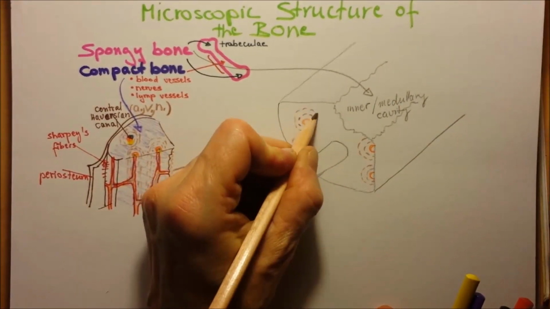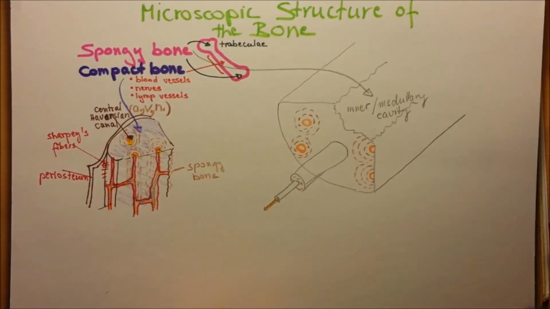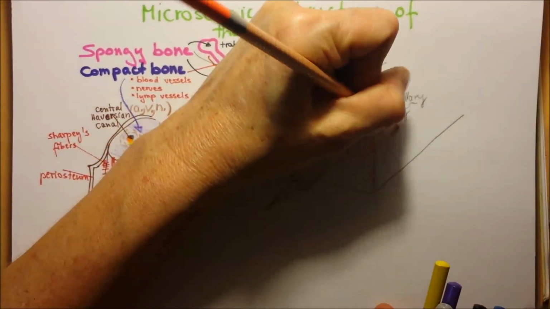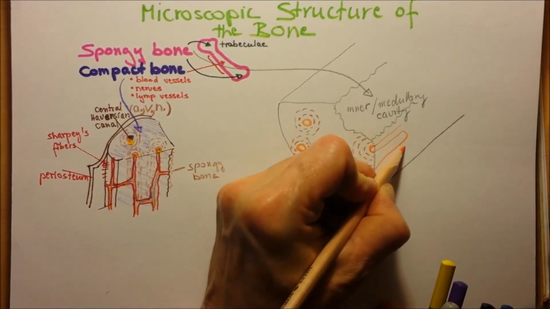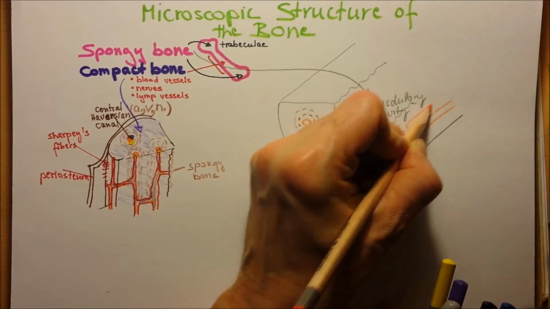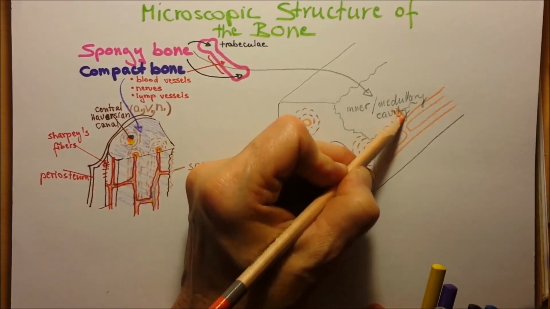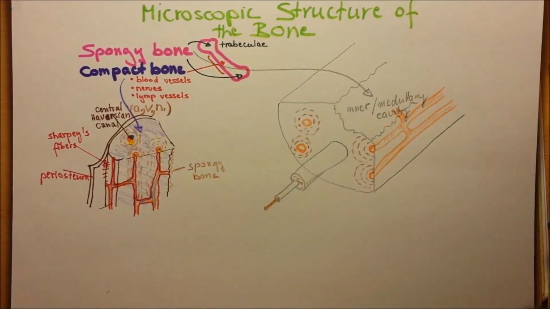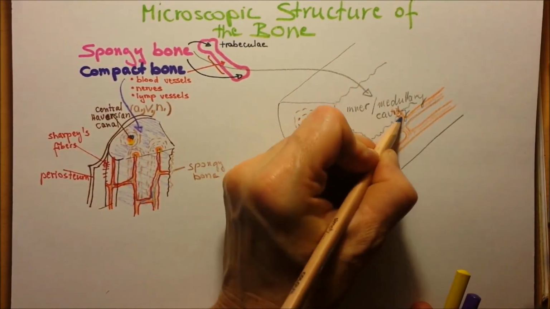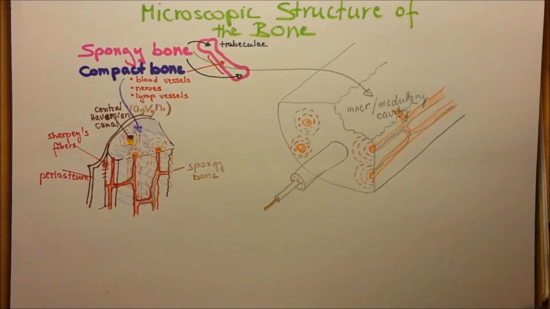Now, these circles are giving a home. These are the Haversian canals. They are connected, so it's not going to be just one, and they run parallel to the long axis of the bone, these central Haversian canals.